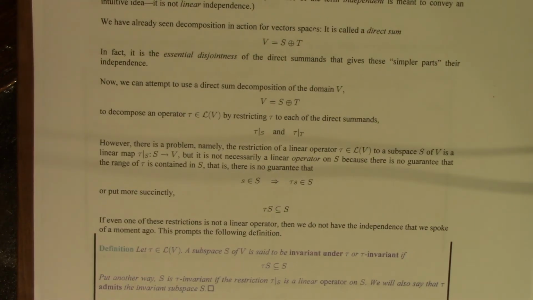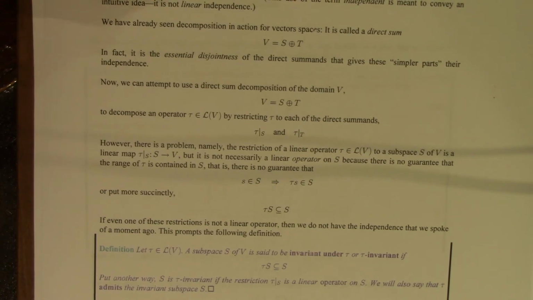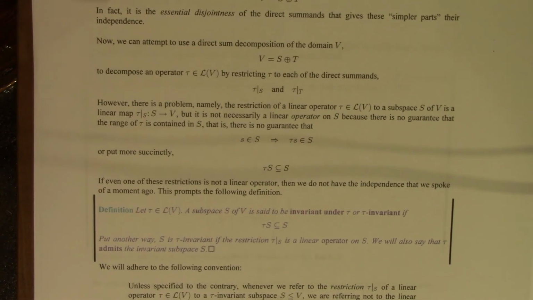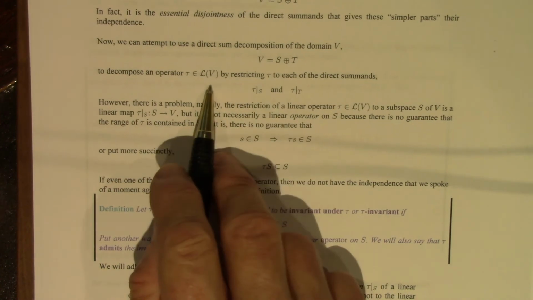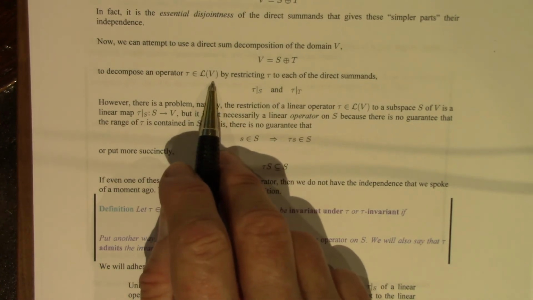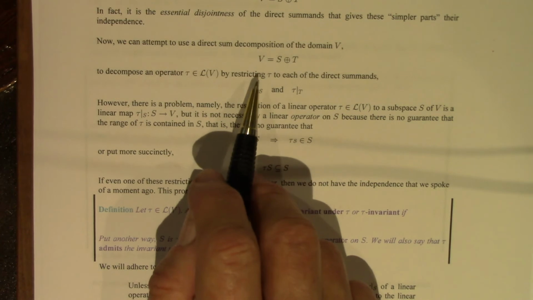So S is a vector space in its own right, so is T. They can be studied independently of each other. Whatever structure we discover about S and about T will reflect in the structure on V. Now, we can attempt to use a direct sum decomposition of the domain of a linear operator to decompose the operator.